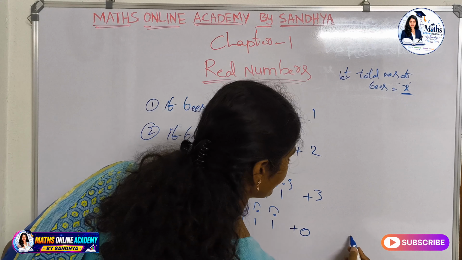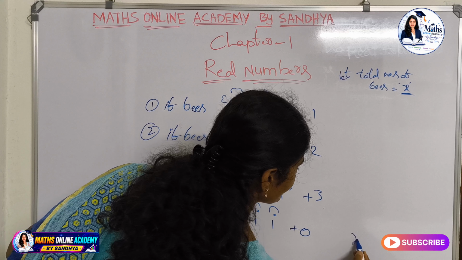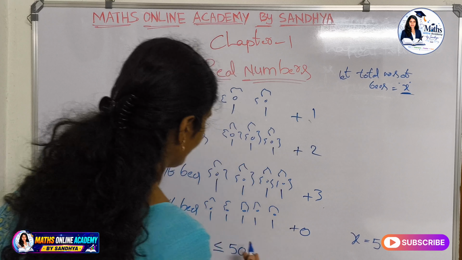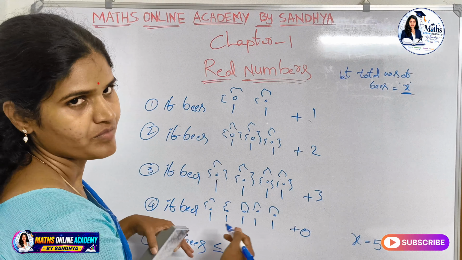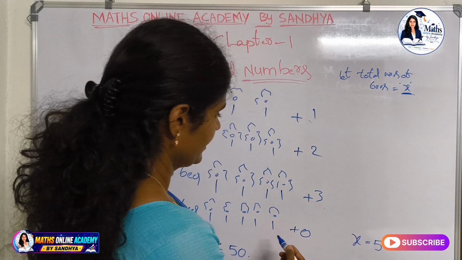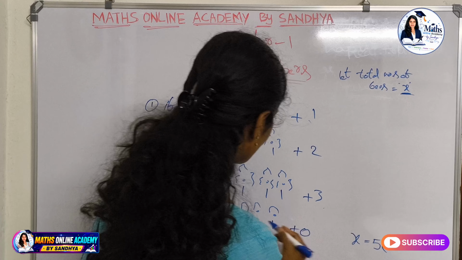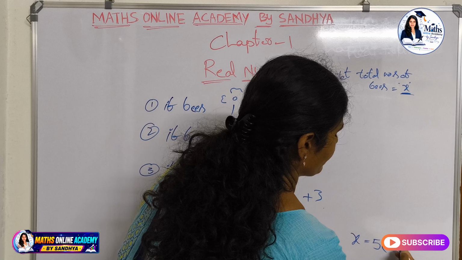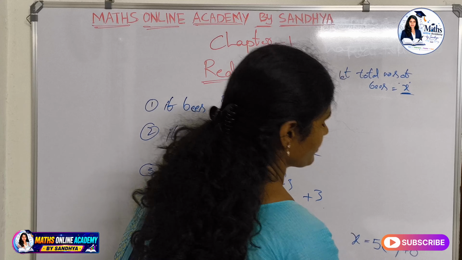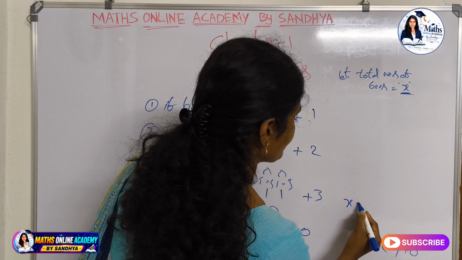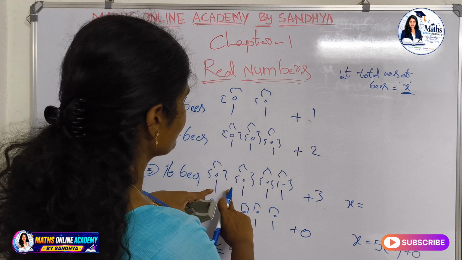So X equal to 5 into, let's take A, 5A plus 0.